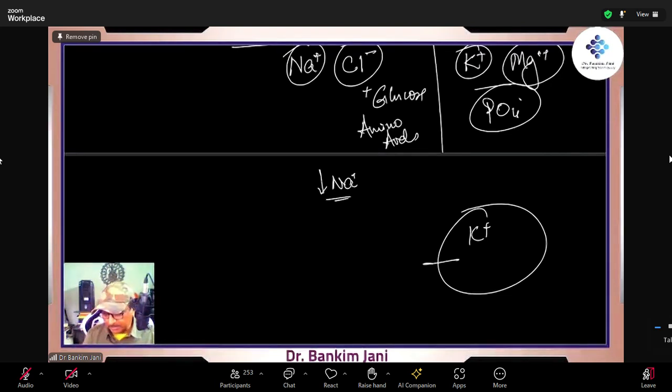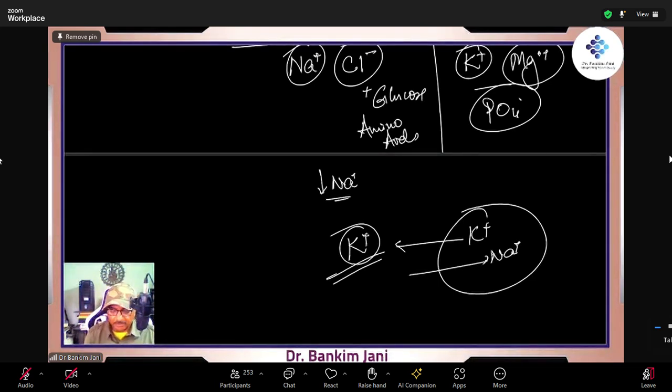Next time we'll discuss the sodium potassium pump, how this whole thing is balanced. If this pump is not working properly, the potassium goes outside, and that will push the sodium inside. So the potassium which is outside, in the extracellular fluid, this is what is called hyperkalemia.